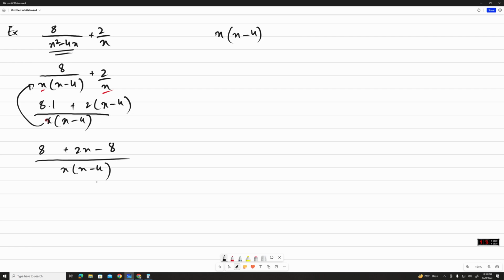Right? So these cancel each other out, so we get 2x divided by x minus 4. Is this the answer? No. We can simplify it further by deleting these two x, so we get x minus 4, and this is our answer.